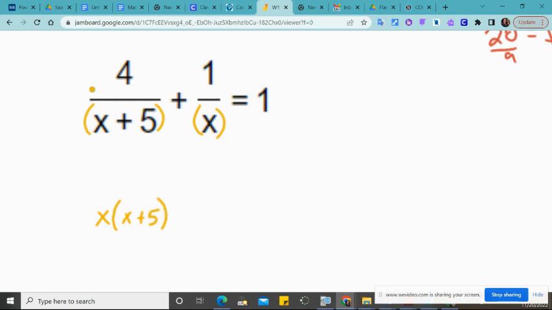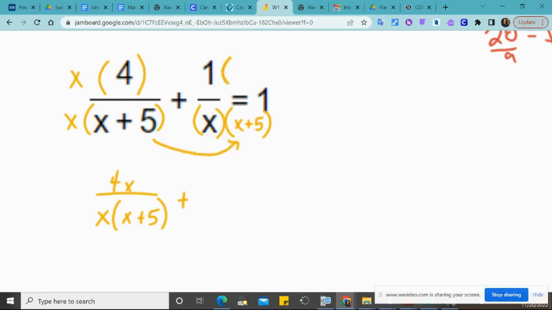This first fraction is missing an x, so I have to multiply it by x. And if I do that to the bottom, I should do that to the top as well. So I'll have 4x for this fraction plus, over here, I now need to multiply by the whole entire binomial x plus 5, this whole denominator.